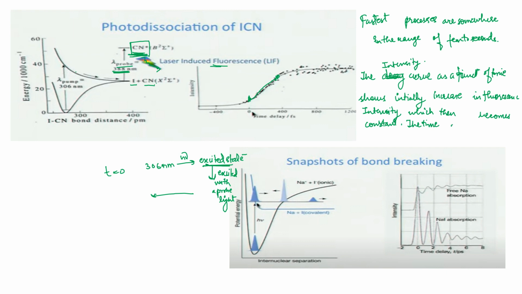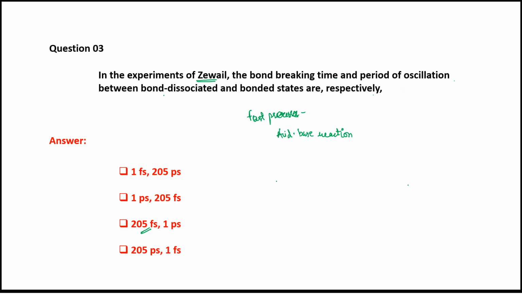The time required to reach the maximum value of intensity is the dissociation time. And what is dissociating? It is the bond dissociation time. Okay. Now, this part is over.